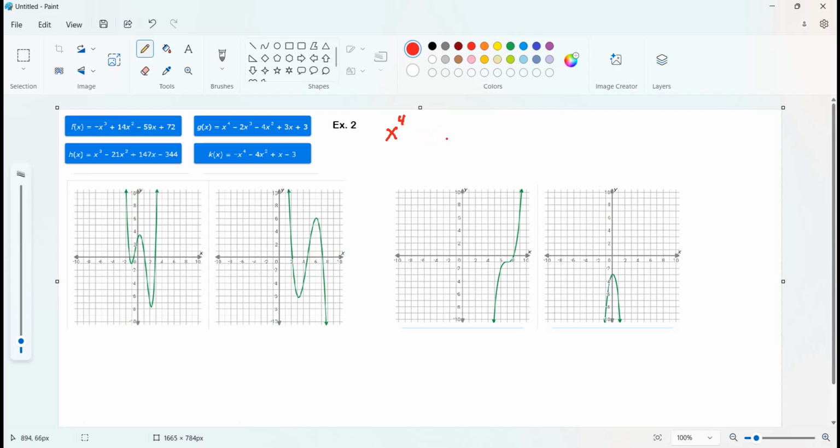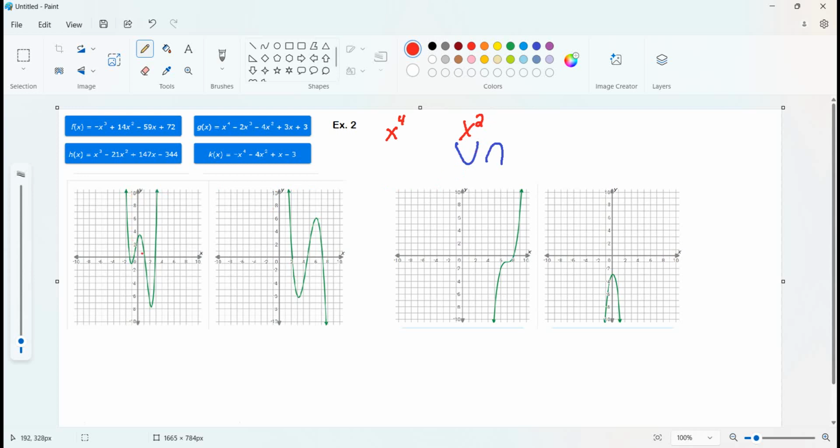And if you notice, it's an even number, just like when we had x to the 2nd, and x to the 2nd just made that bowl shape. Well, the x to the 4th can make shapes that look like this one. It kind of looks like the quadratic, which is squared, it looks like a bowl.